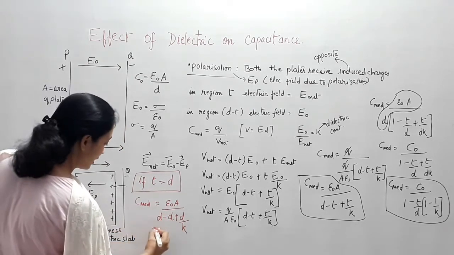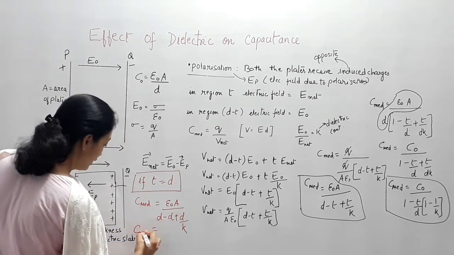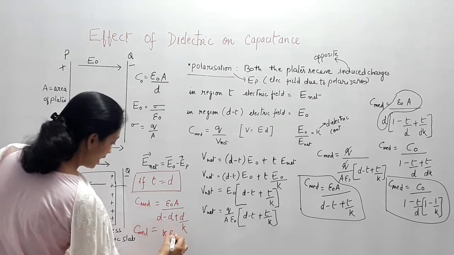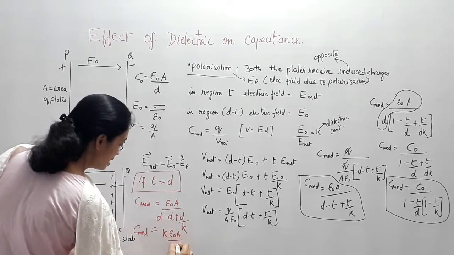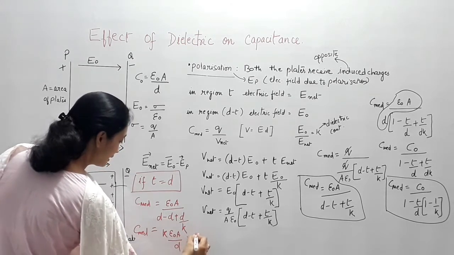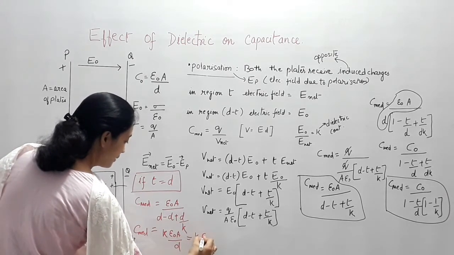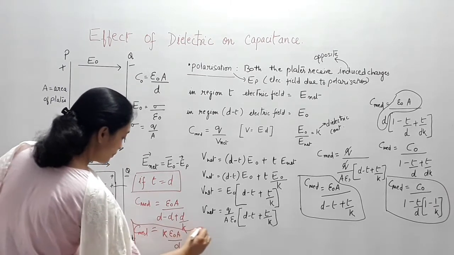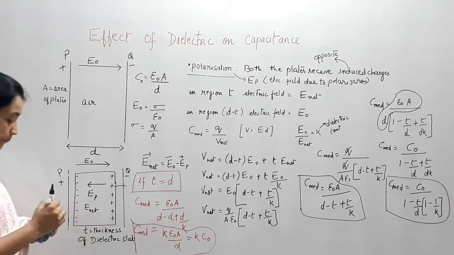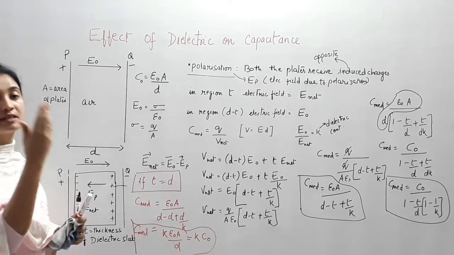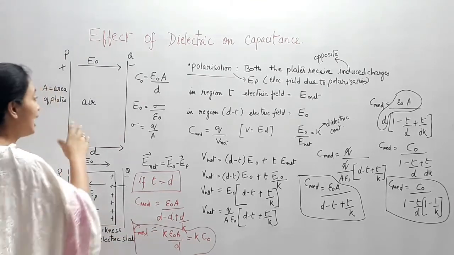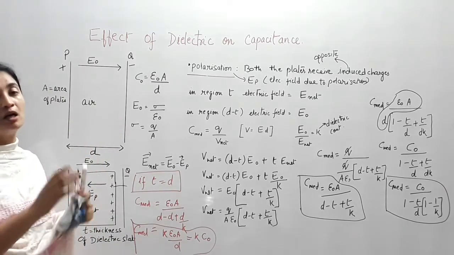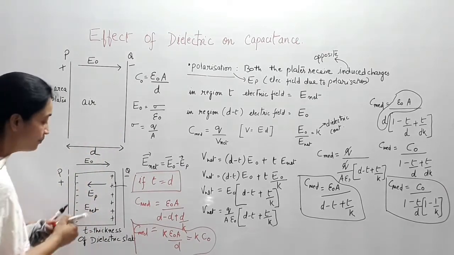So what am I getting? Here I am getting very clearly C medium is equal to K times epsilon naught A by D, which is nothing but K times C naught. That means the capacitance becomes K times when the entire space between the plates of the capacitor is filled with the dielectric slab.